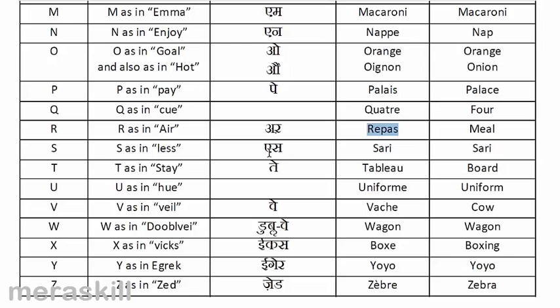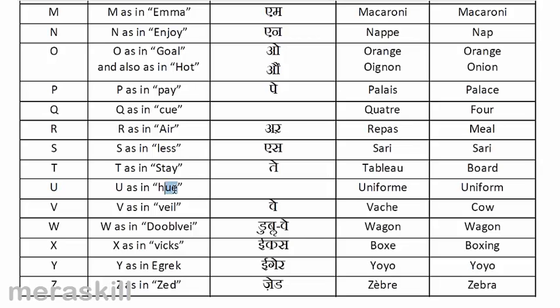S is S, same as in English. So that's sari. T becomes te. Okay. So the alphabet T is pronounced te. Tableau. Te. U becomes U. Another one where there's no English or Hindi connection with it.